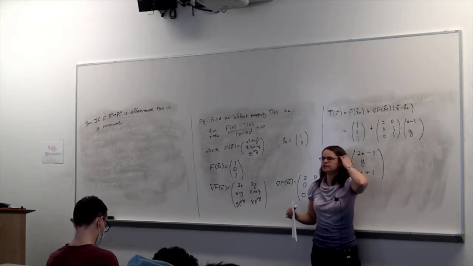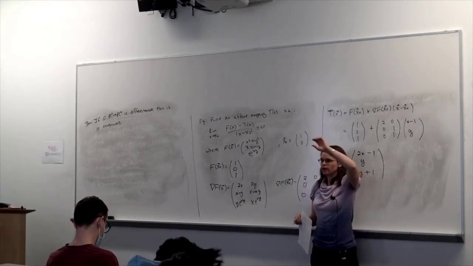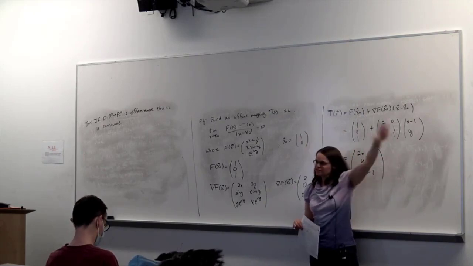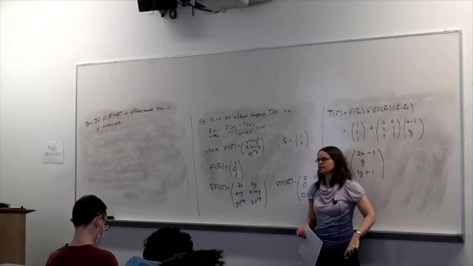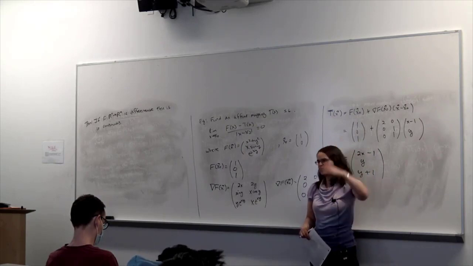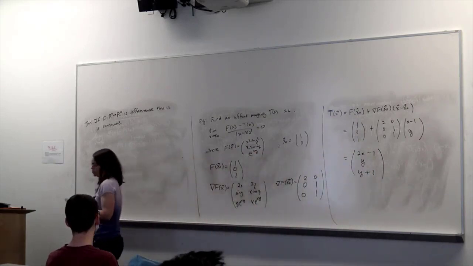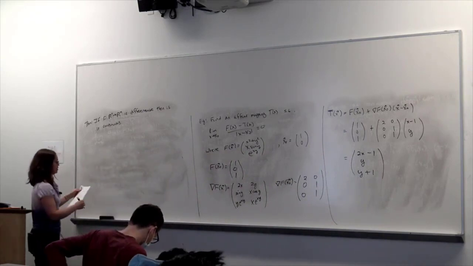And now differentiability just said, well, each component of this is differentiable. That means each component of this is continuous. And if all the components are continuous, then trivially the whole thing is going to be continuous. Okay, so there's nothing new to prove here. A lot of our results hold.